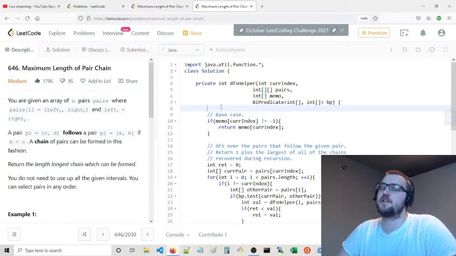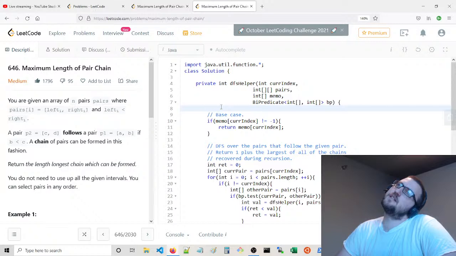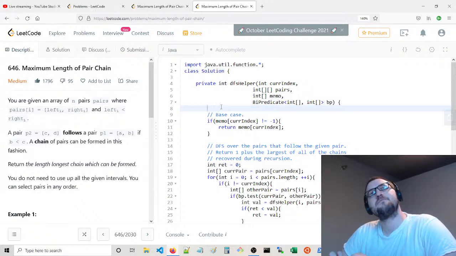You can generalize this solution to a whole set of problems: any DAG question where the relational property is transitive, if you're looking for the longest sequence of nodes, the longest path through the DAG, then you can use a similar approach.